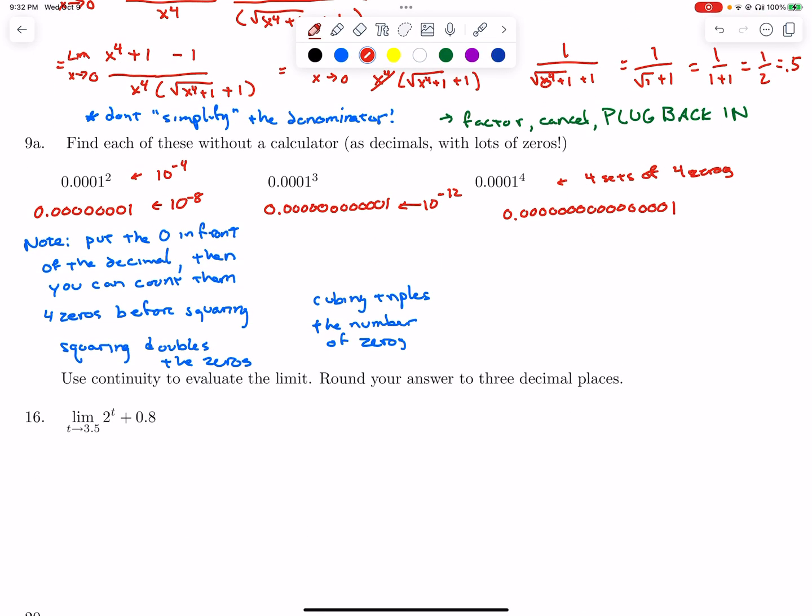So if you try it on the calculator, it just gives exponential notation. And if you try 1 plus that, it can't display it. And that's one of the problems with problem 9 on the homework.